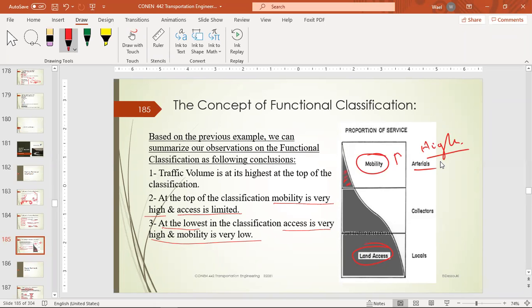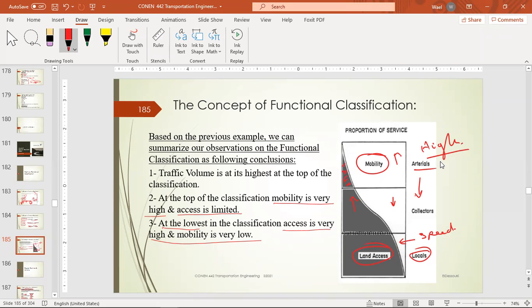This gray area is accessibility. As we go below in the rank, the mobility is reduced and the accessibility is increasing until we get to the local streets. We are referring to mobility with the speed. The speed, mobility slows down, and the accessibility is magnified.